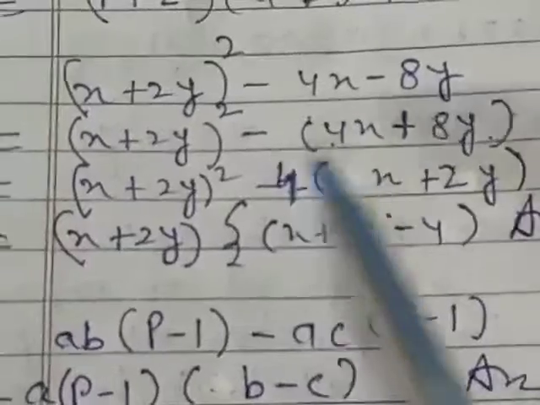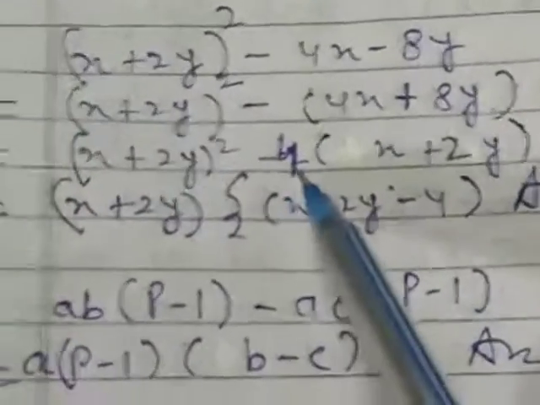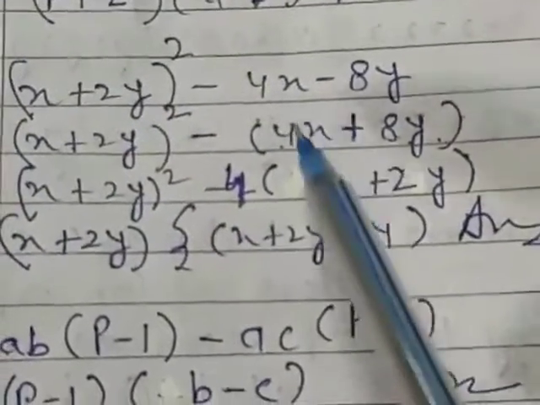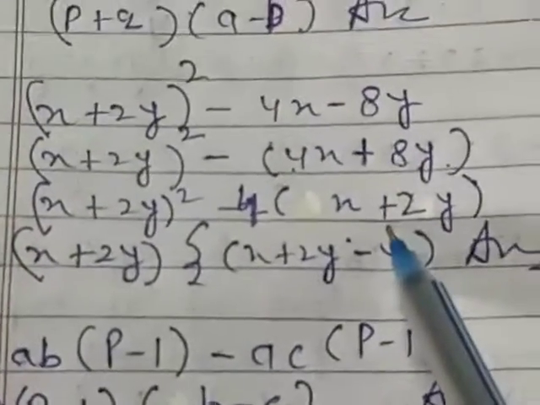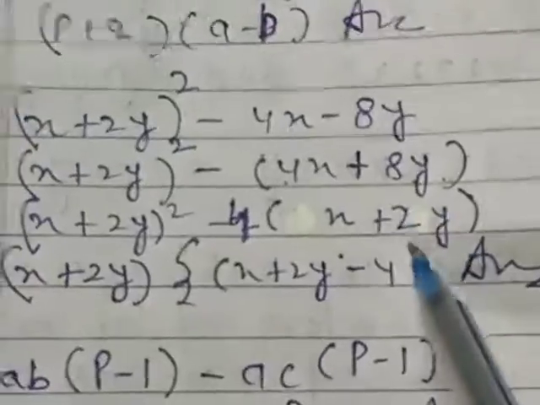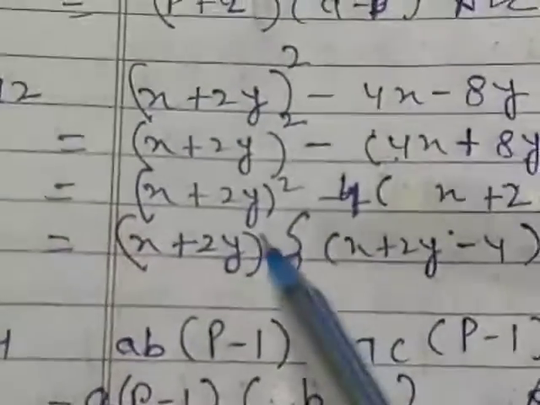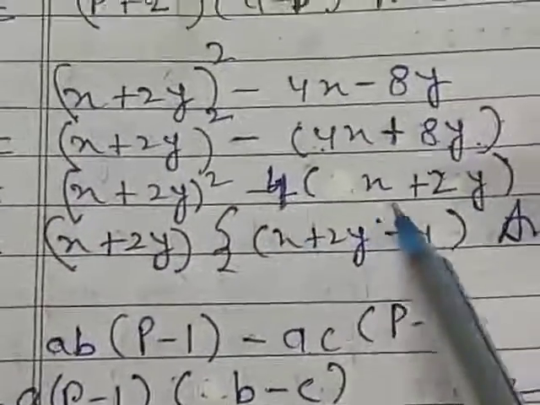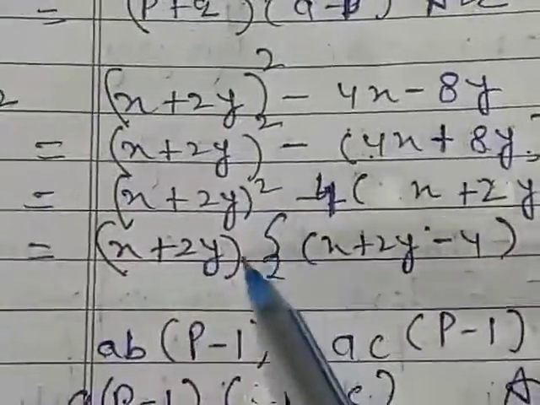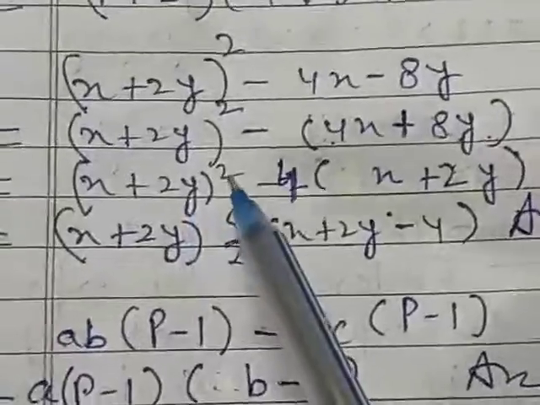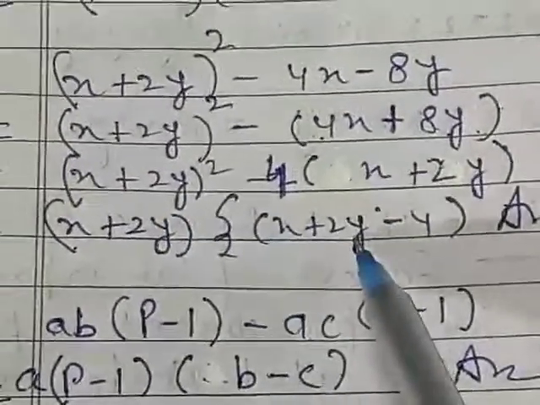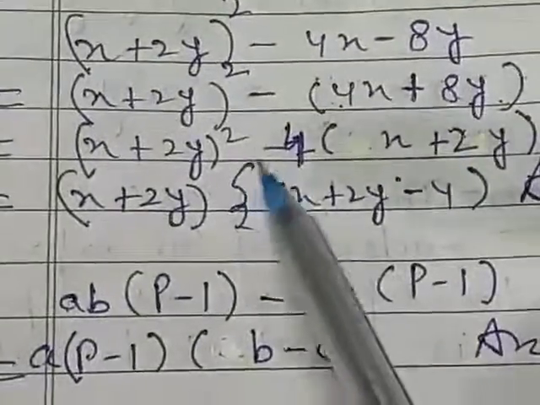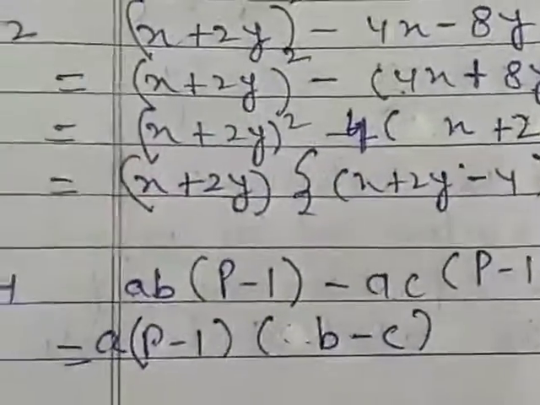Again x plus 2y is common in these terms. Dividing, this is the square, this is 1, so we are left with x plus 2y, and minus 4 is the answer.